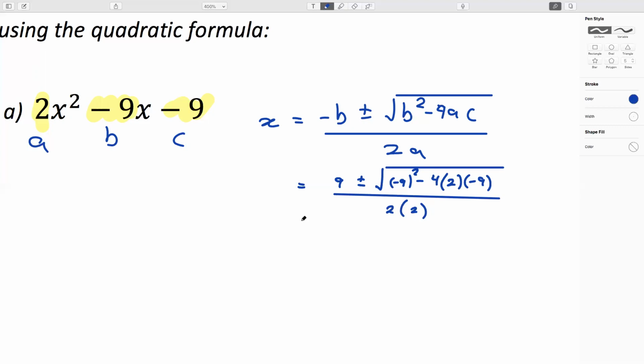All right, so let's simplify this a little bit. 9 plus or minus, I'm going to just compute what's inside that square root. It'll be the square root of 153, all over 4.